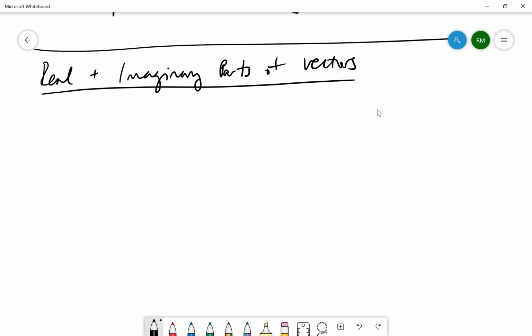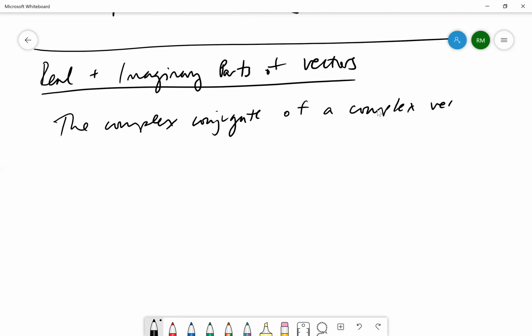So the complex conjugate of a complex vector x in Cn is denoted by x bar in Cn.